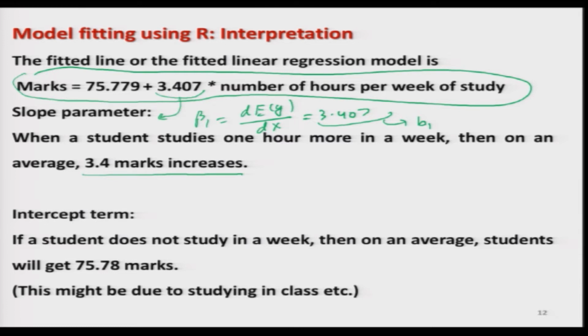And you can see here one thing more. Here there is a positive sign. Positive sign means the relationship is increasing. So, if the number of hours on x are increasing, then the number of marks will also increase.